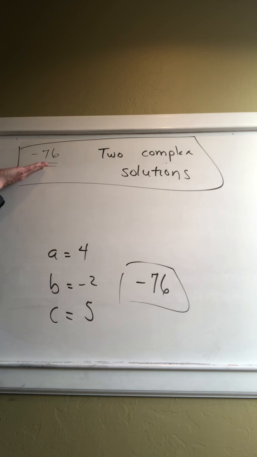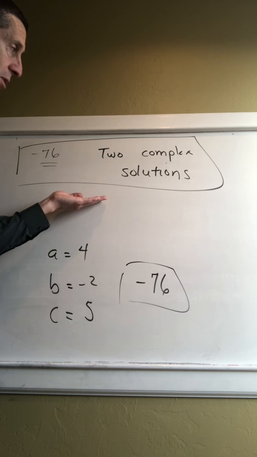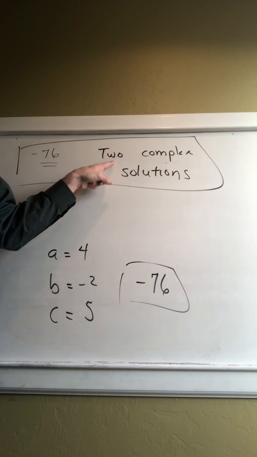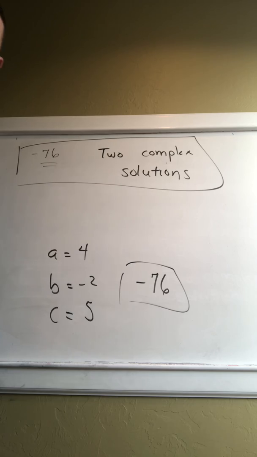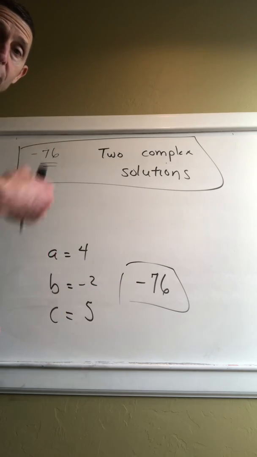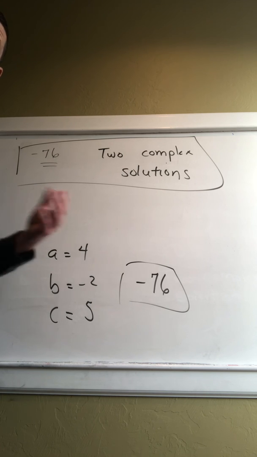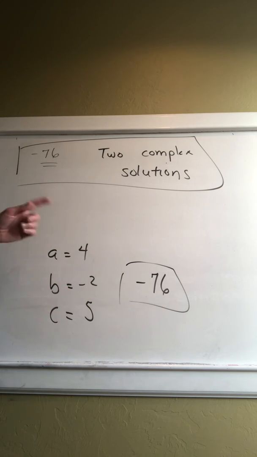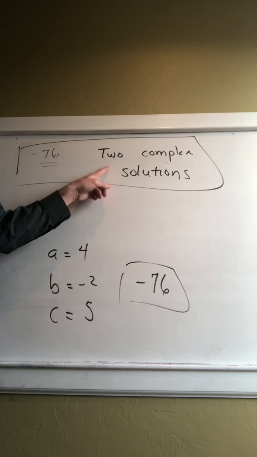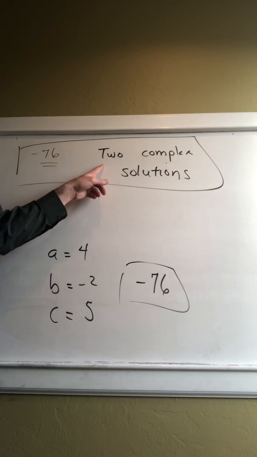What's the discriminant? Negative 76. What does it tell you about the solution types? It gives you two complex solutions. If we were actually going to do the quadratic formula and do the problem, you would have some i values involved. So each question, you find two answers: the number that tells you the discriminant, and then you identify what type of solutions.